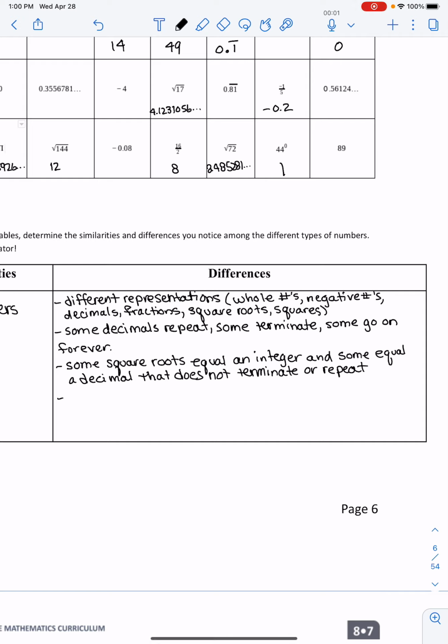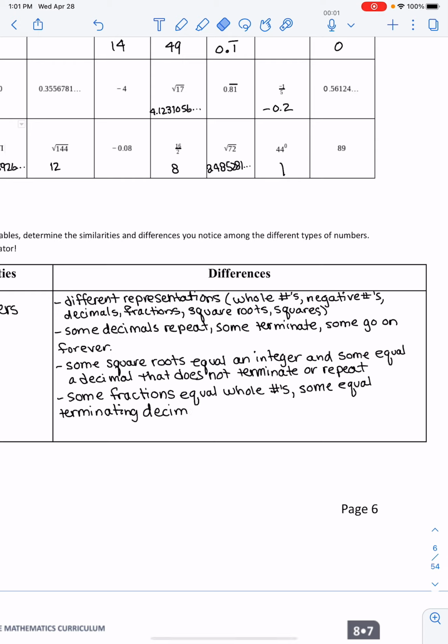Some fractions equal whole numbers, some equal terminating decimals, some equal repeating decimals.